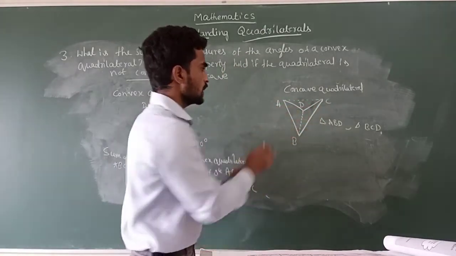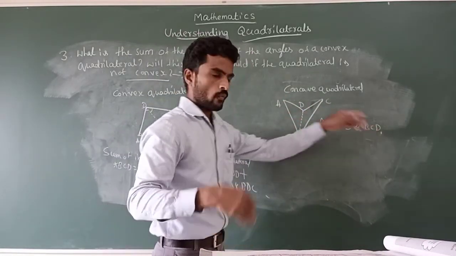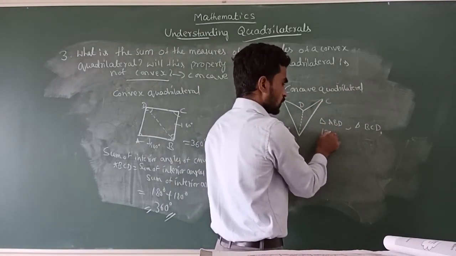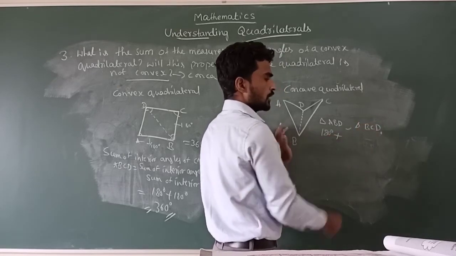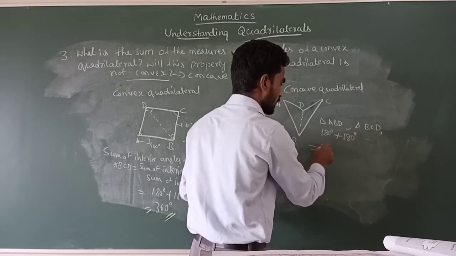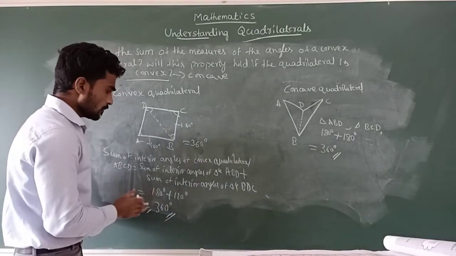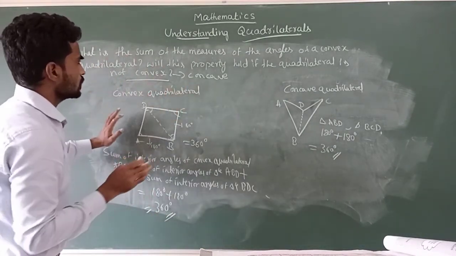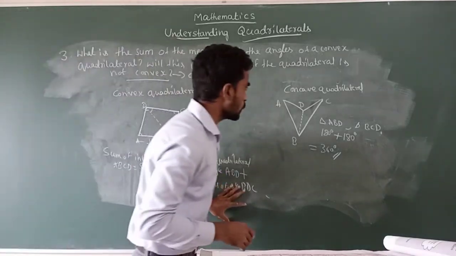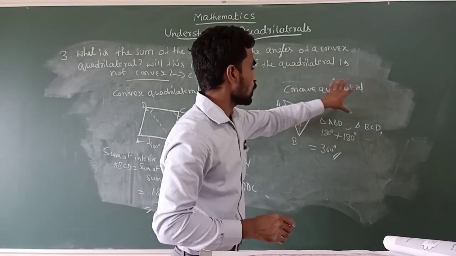Now we can split this concave quadrilateral into 2 triangles. We already know that the sum of interior angles of a triangle is equal to 180 degrees, plus the sum of interior angles of the other triangle, also equal to 180 degrees. 180 degrees plus 180 degrees is equal to 360 degrees. Then the sum of interior angles of a convex quadrilateral is equal to the sum of interior angles of a concave quadrilateral.